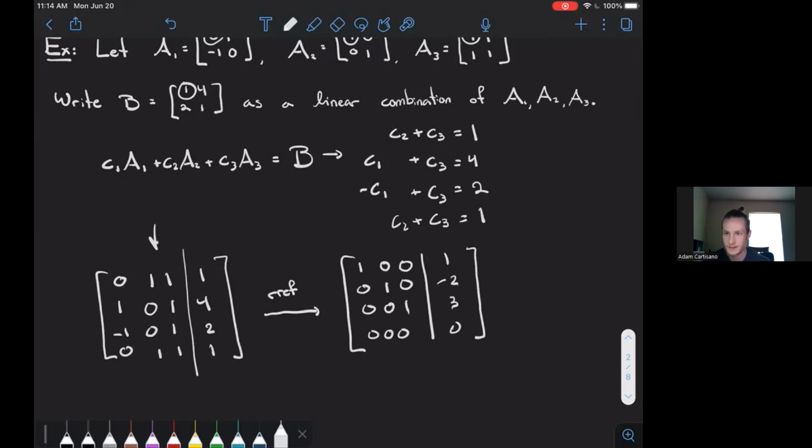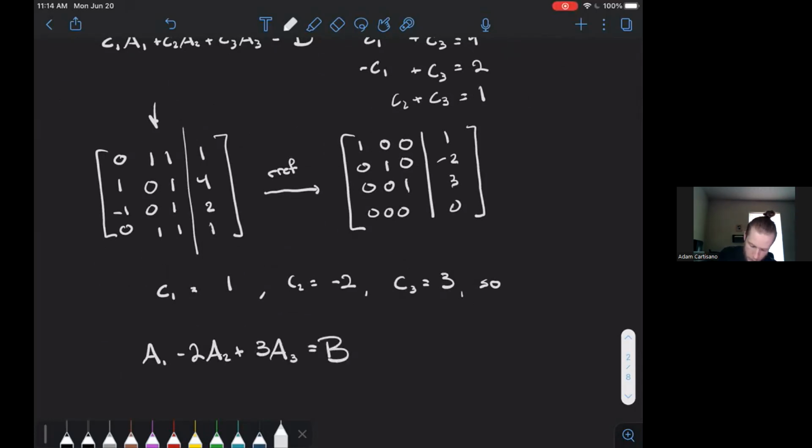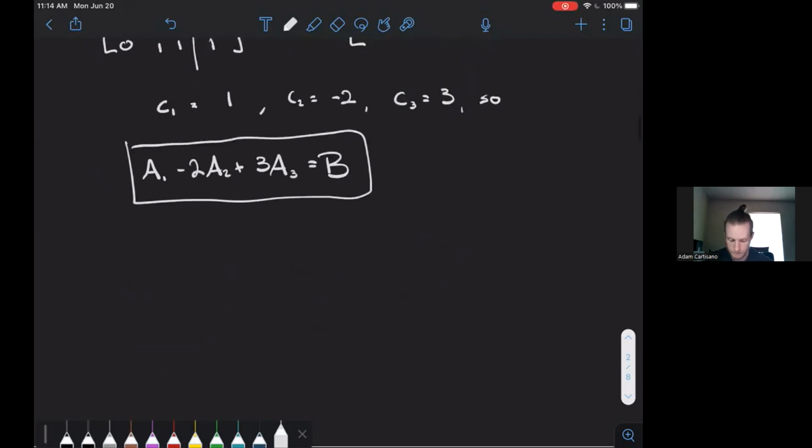It may not be fun, but it's an important skill. When we do this, we see that C1 is equal to 1, C2 is equal to negative 2, and C3 equals positive 3. In other words, A1 minus 2A2 plus 3A3 equals B. And again, you can verify that. Just actually do the linear combination, right? Actually compute it.